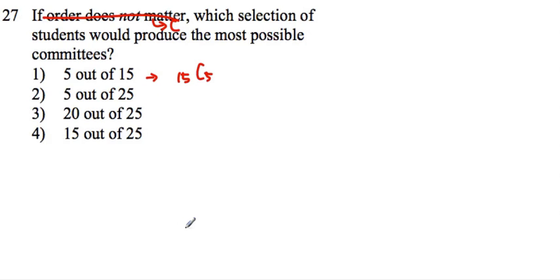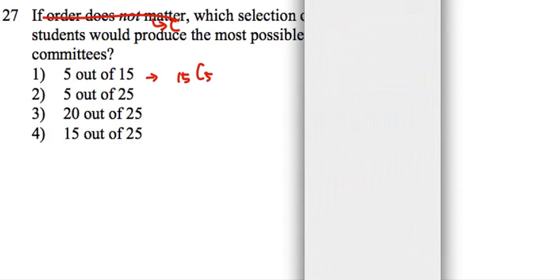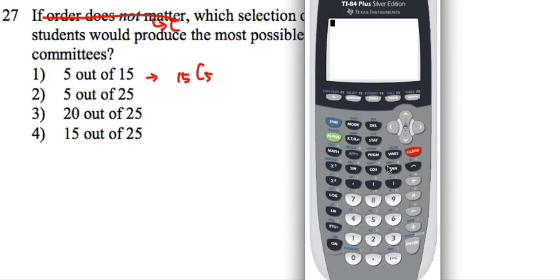So why don't we try to look into this one together? So first one would have been 15, Math, Number 3, 5. That would have been equal to 3003. How about 5 out of 25? Okay. Then in that case, what we would have done is this. Second entry.